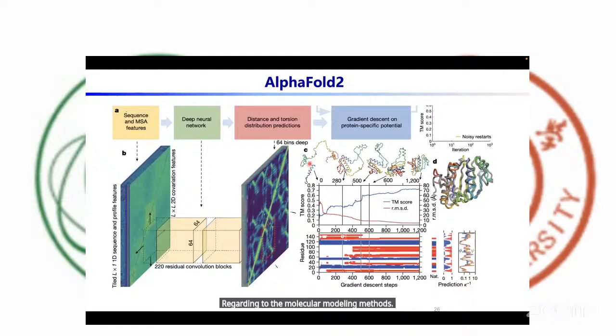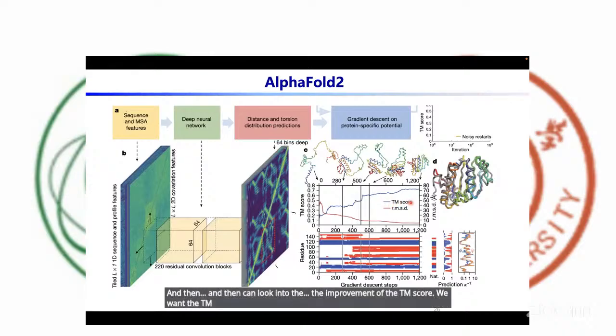Anyway, based on the molecular methods, we can generate different kinds of protein structures, and then look into the improvement of the TM score. We want the TM score to be improved.